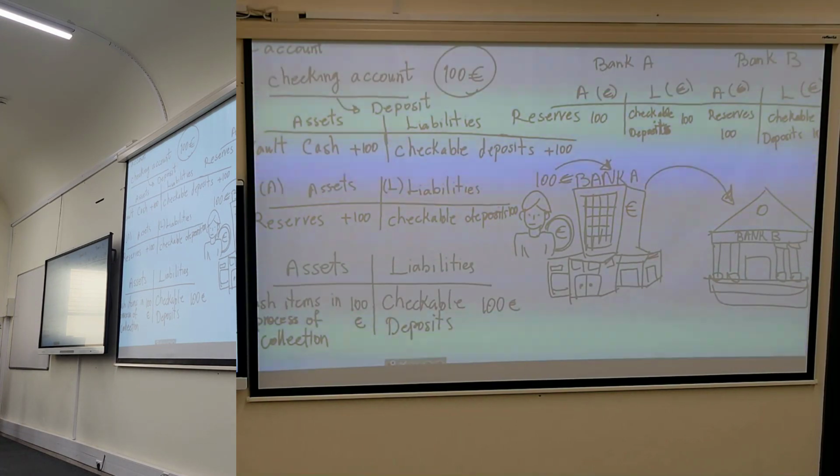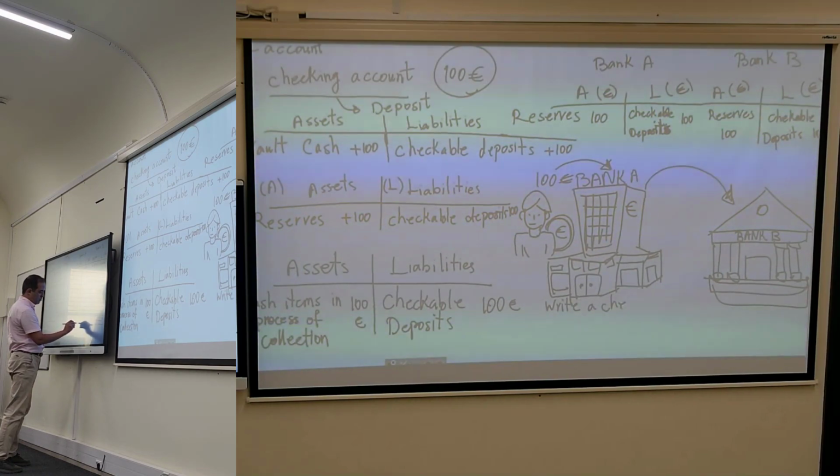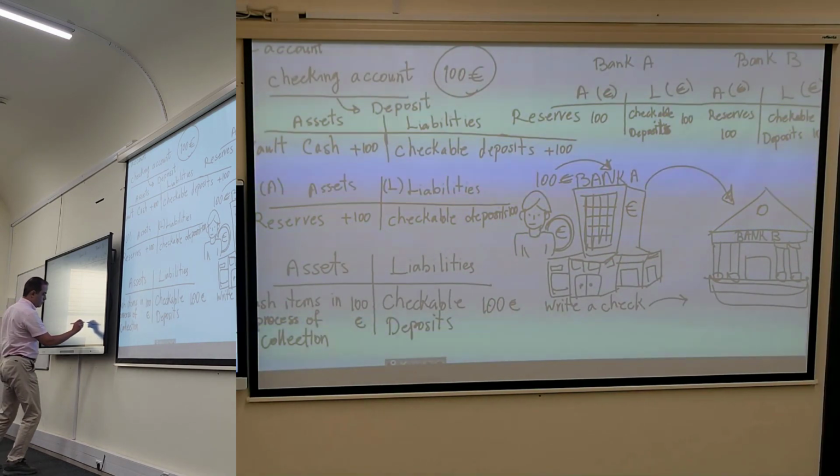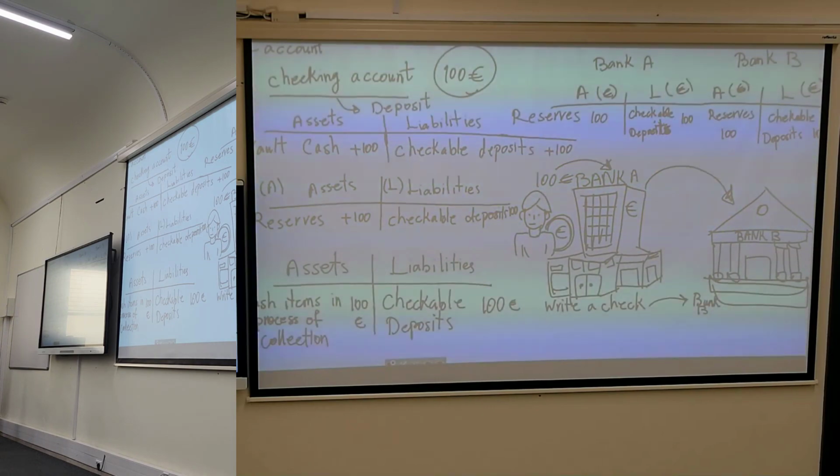So, to sum up, imagine you write a check from bank A and transfer it to bank B, and bank B gains reserves like refueling, okay?